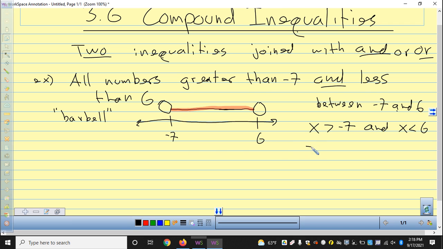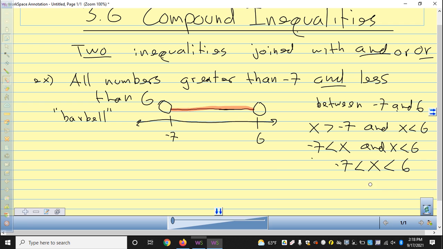We can say -7, I'm going to turn this one around, -7 less than x. So I'm flipping that one over like we've done before. And x is less than 6. So the fancy way that we hook them together is we say -7 less than x less than 6. So we string them all together.